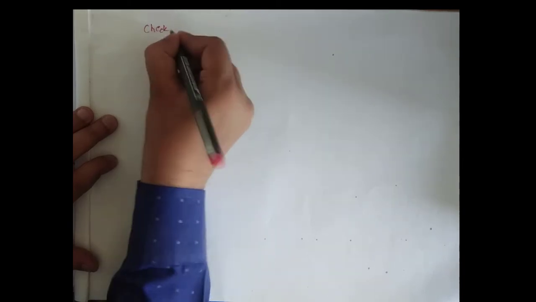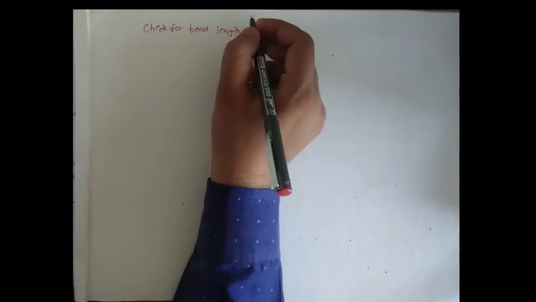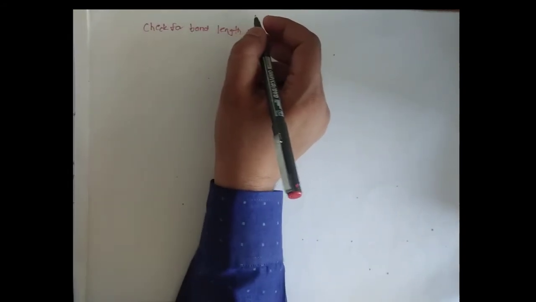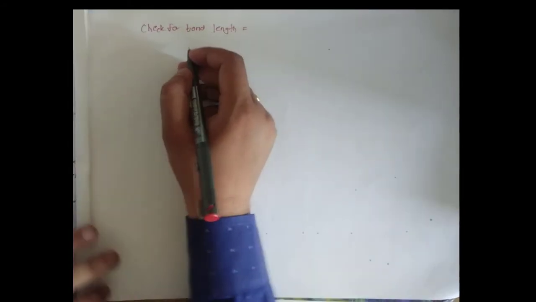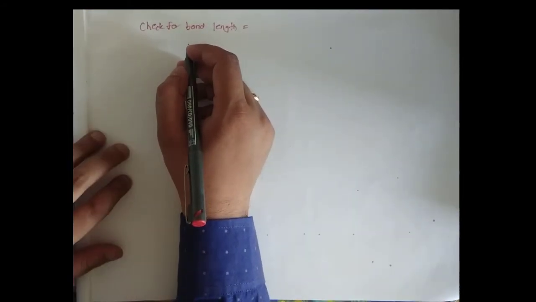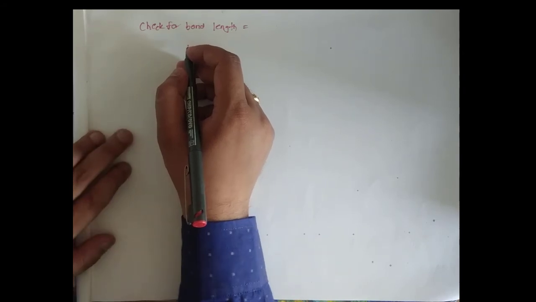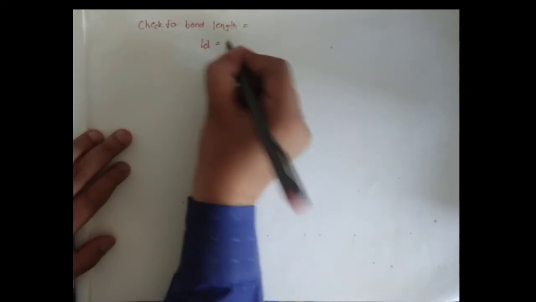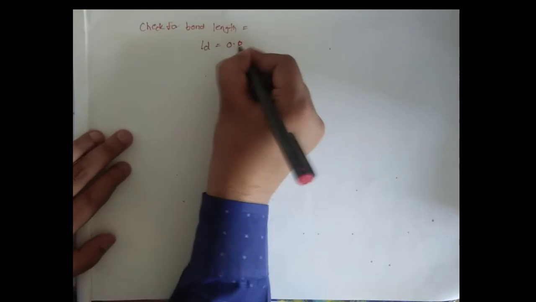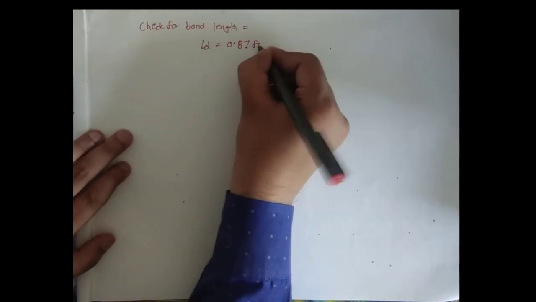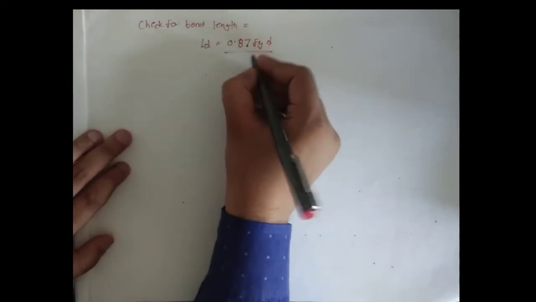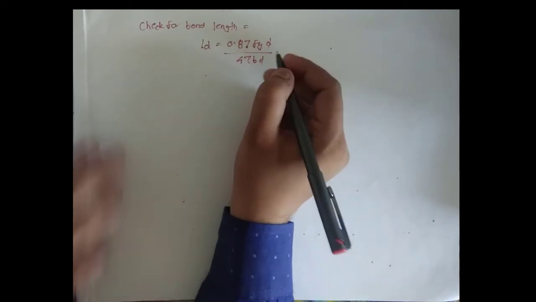Now finally check for bond length. From IS you will get the formula. LD is equal to 0.87 Fy divided by 4 tau BD.